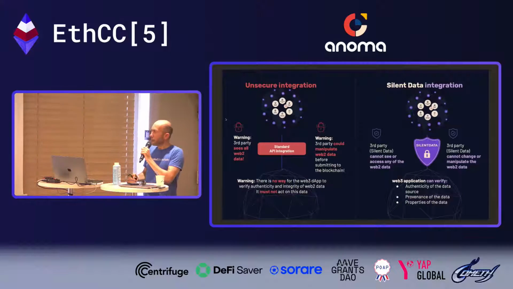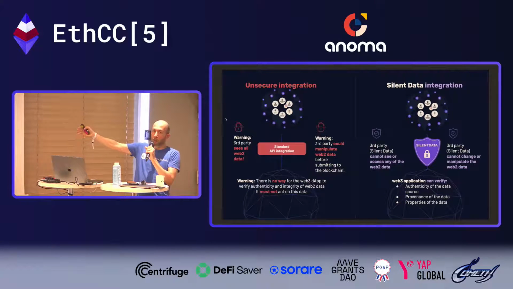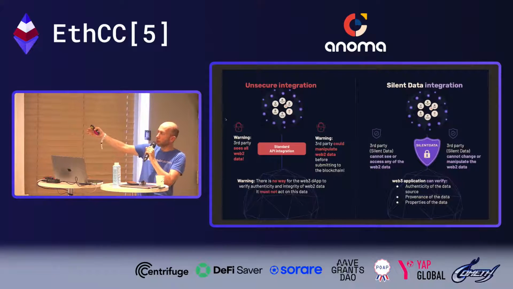The way this is solved in some oracles is to decentralize that API layer, which basically means we're going to have a bunch of these integrations hosted by different participants. That's better, because then instead of one party that can interfere, we have a group, which is a bit harder for them to actually interfere and defraud the system.